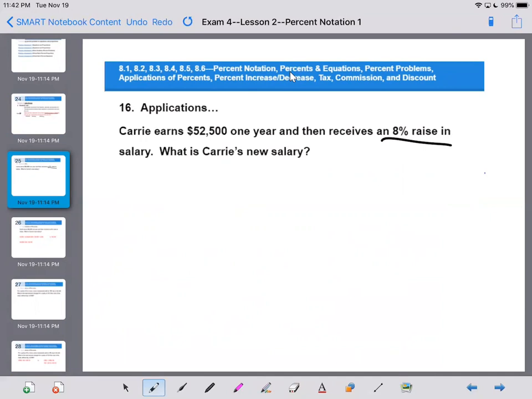So one way to do this is take $52,500 and multiply it by 8%. But what we have to do is add it to the 52,500. So when you take 52,500 and multiply it by 8% or 8/100ths, you're going to get 4,200. That was the raise.